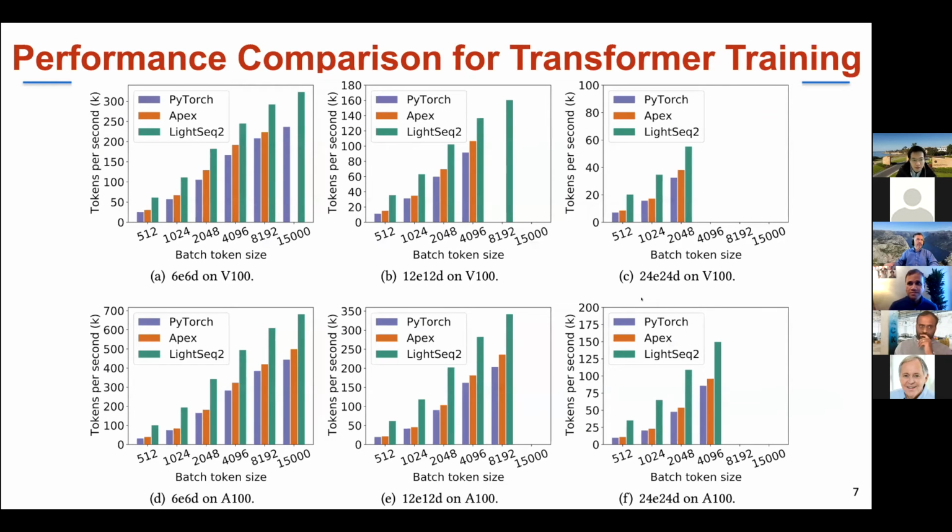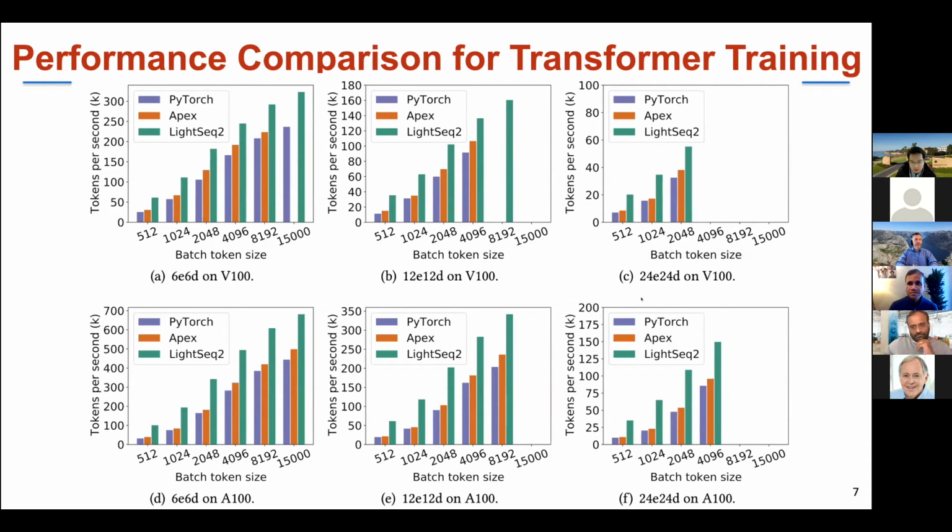So in terms of performance, we compare LightSeq with several other frameworks on different model sizes. We have 6 layers of encoder and 6 layers of decoder, that's a standard transformer.